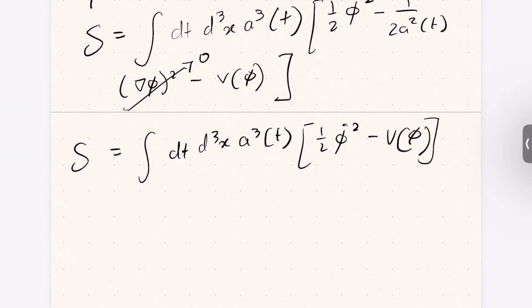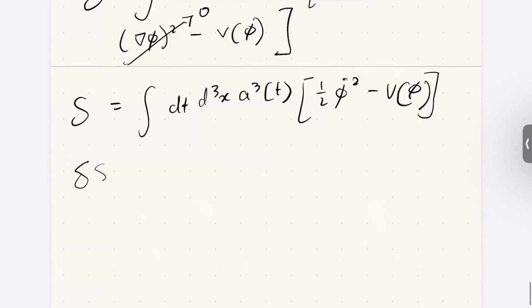Okay. Now again, the next thing I do is I take a variation of the action, and this will look like the following.